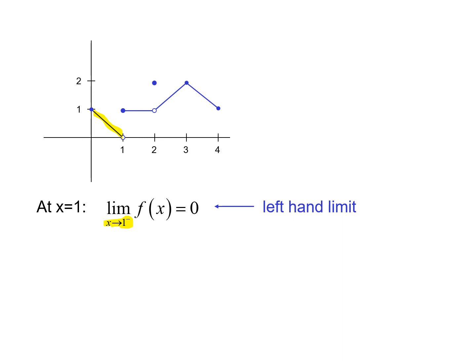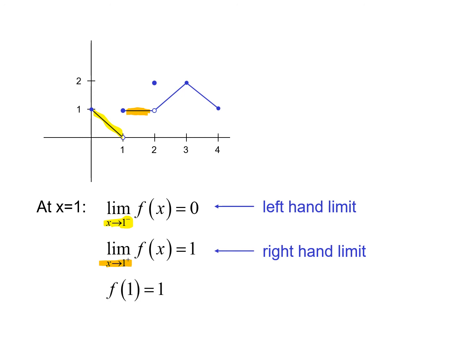Whereas if we approach from the right, the plus sign, so we're approaching 1 from the right, and that's this way, so that y value is approaching 1. But since those two limits are different, we do not have a limit at x equals 1. We do have a value, and that's f of 1 equals 1.